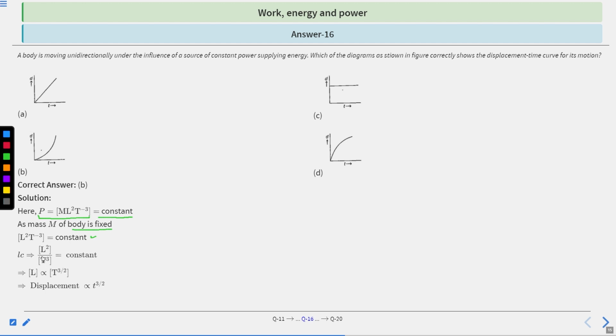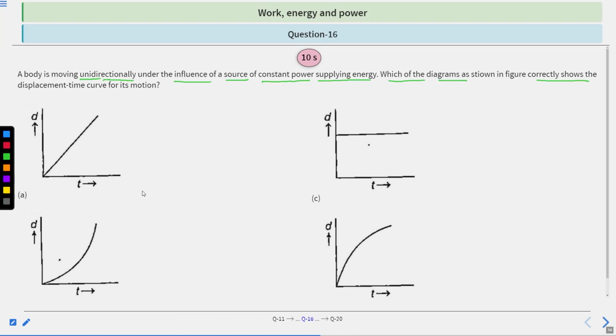So L square divided by T cube equal to constant, where L is directly proportional to T raised to the power 3 by 2. It means displacement is directly proportional to this term. Clear? So from this equation, the correct answer is B. B is the correct answer. Clear? B is the correct answer.